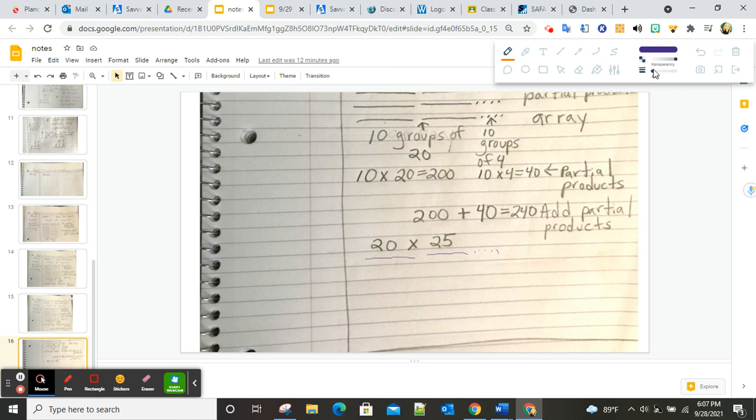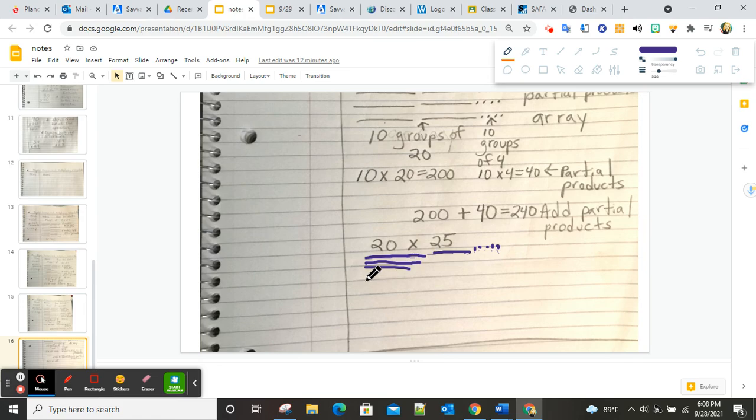I'm going to make my dot a little bigger so that you can see it better. So this represents 25. Now, how many times would I have to draw this? Well, 20 times, because I'm timesing 25 by 20.